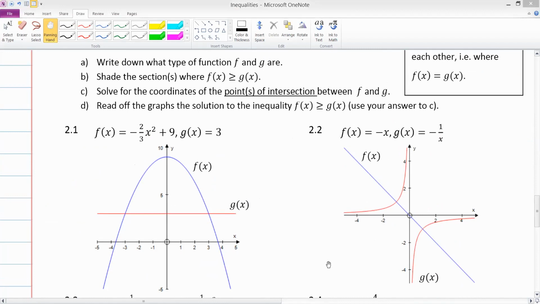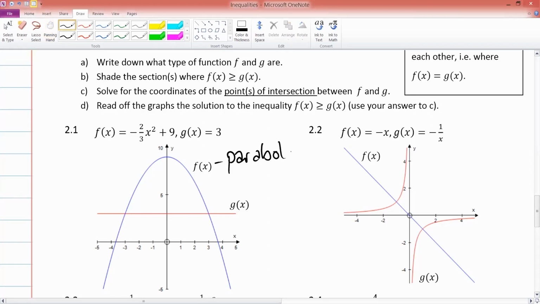Okay, so 2.1, f of x, that's your parabola, and a linear graph. Where is f of x greater than or equal to? Now look at what's changed, your inequality. Shade the sections where f of x is greater than or equal to g of x.